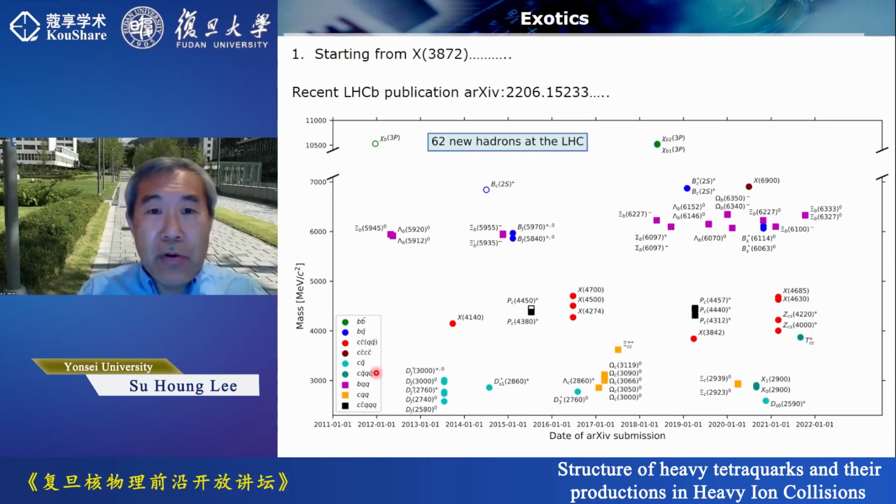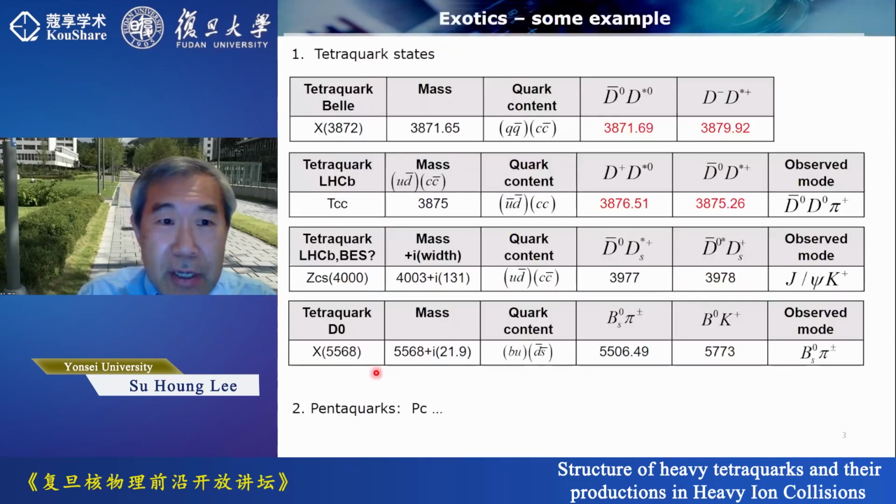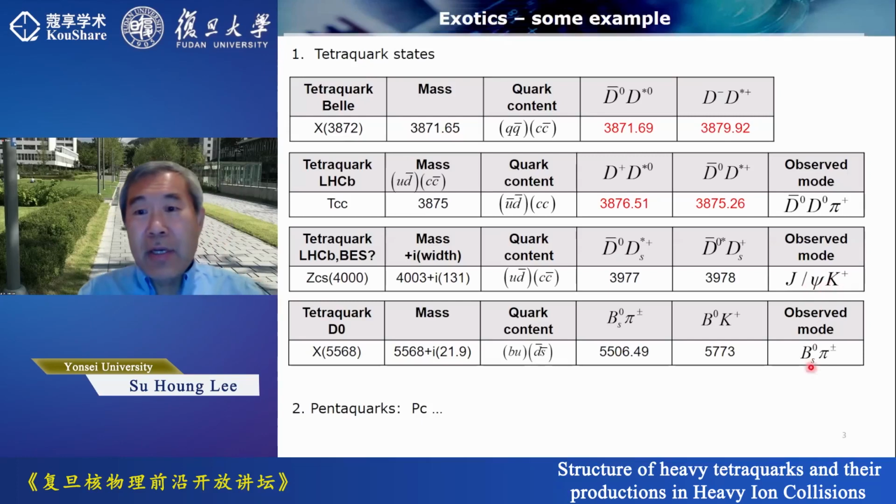I will, of course, not go over all of these. Of particular interest to me are the X and T_cc, because they are close to the lowest threshold, and maybe they may be easily found in heavy ion collisions also.